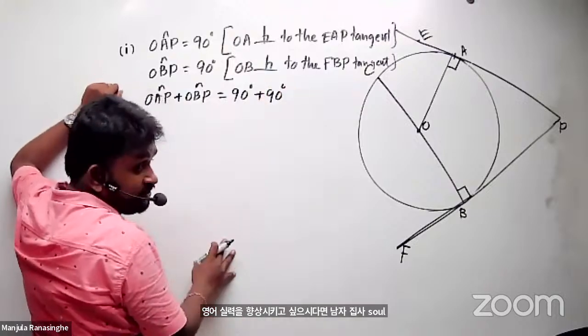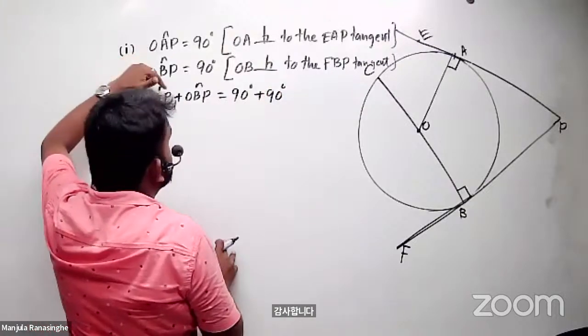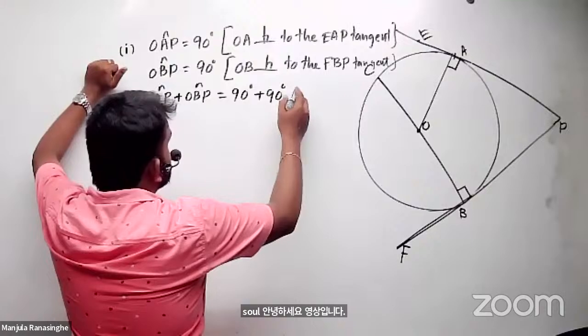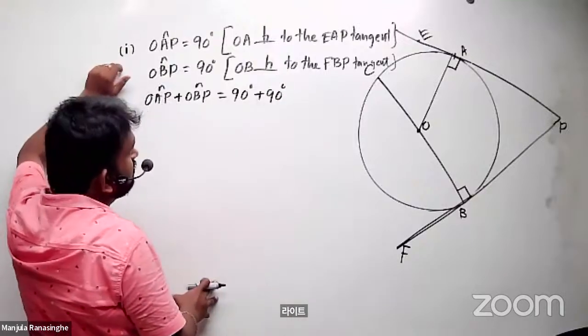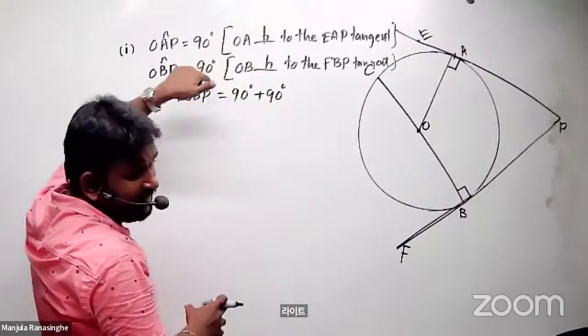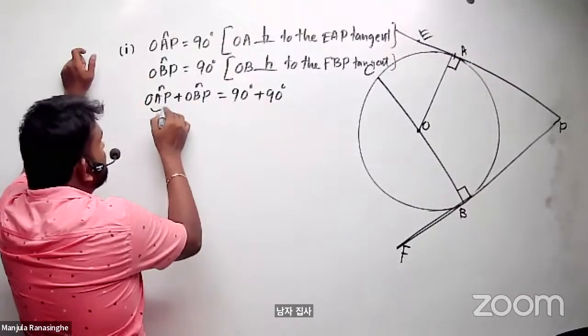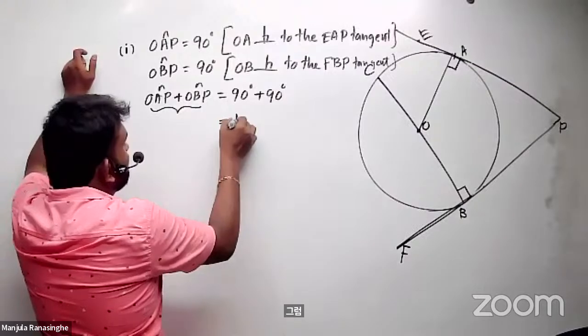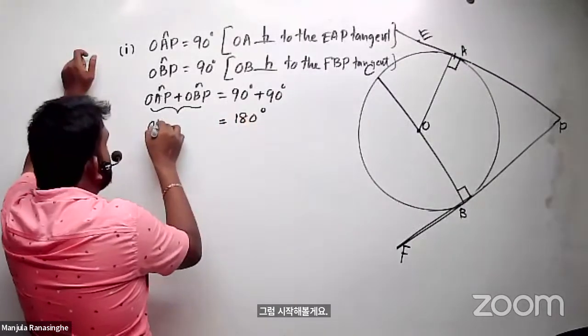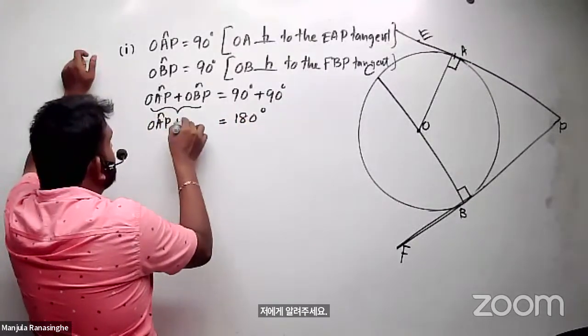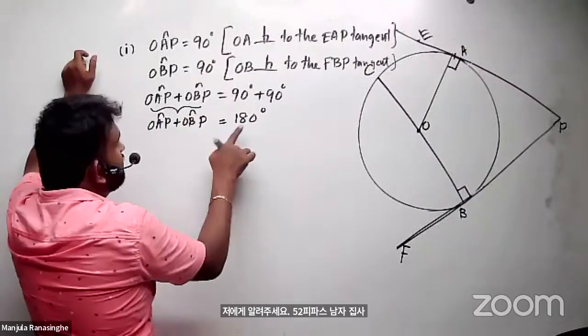Right. That is the axioms actually. You can add up these things, right? The reason is not needed for this one, just adding. If you further write, that is axioms. So the sum of these two equals 180 now. Angle OAP plus angle OBP equals 180.